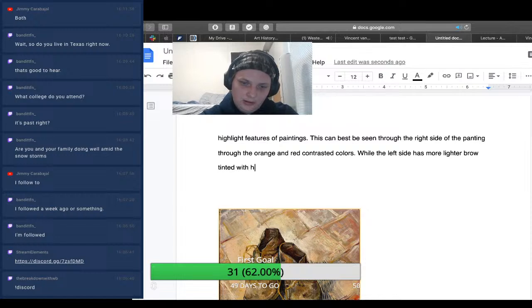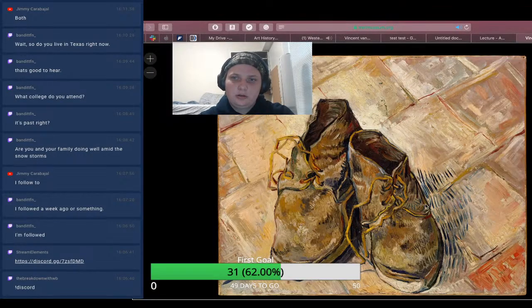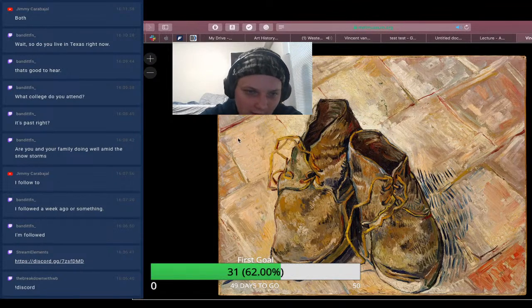Let's pull up a bigger picture. What would y'all call this color? It's not yellow. I want to say it's tan. It's a tannish white, if anything. But I don't know what color you would call that. You can kind of see it a little bit here as well.